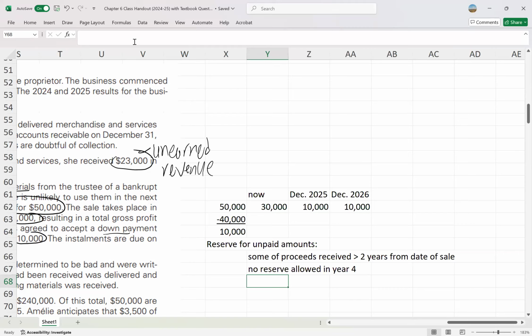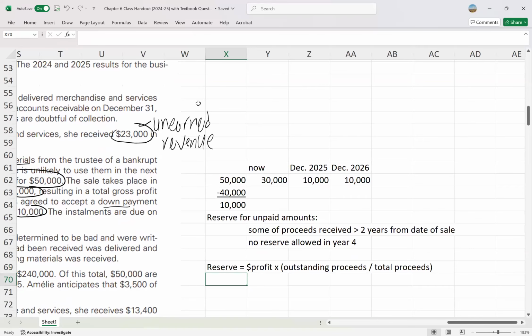So the way that the reserve works is that the reserve or the deduction is going to equal basically the profit times the fraction of the outstanding proceeds at the end of the year divided by the total proceeds. So if we're looking at the 2024 year, we have total profit of 10,000.